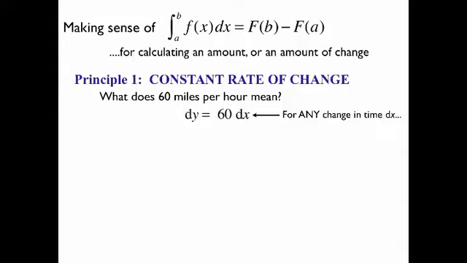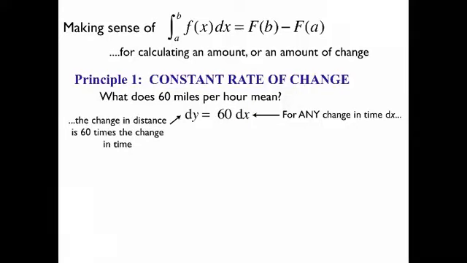Remember in the insects, we looked at changes in times of 0.2 hours. So for any change in time dx, what do we know? How far you went in that change in time. The change in distance is always 60 times that change in time. So 60 miles per hour means you know how far you go in a half an hour. 30 miles.